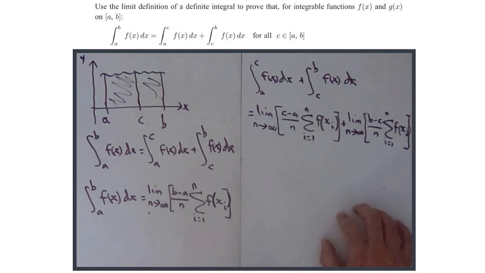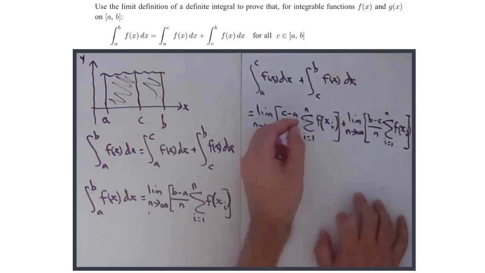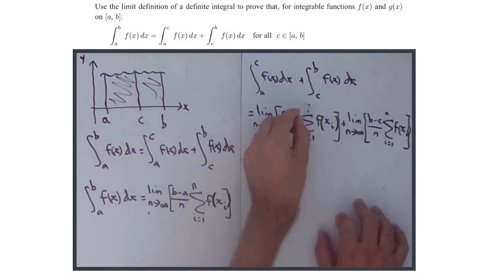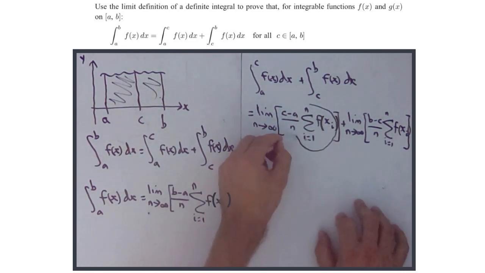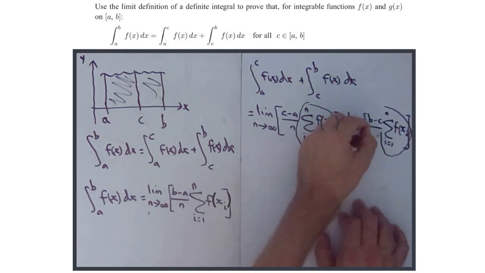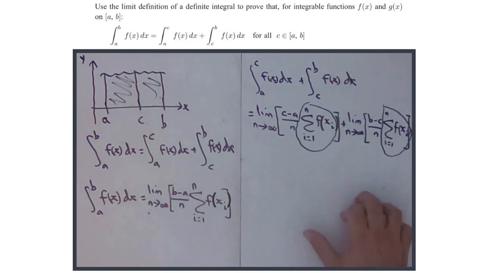You should be able to see a common factor. In all of this, you've got this Riemann sum bit, so the sigma part of f of xi is common to both terms, as is the over n.